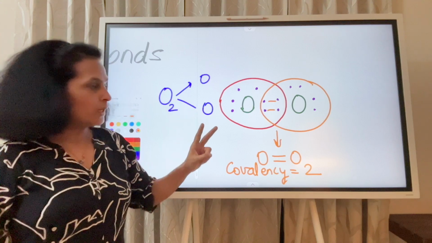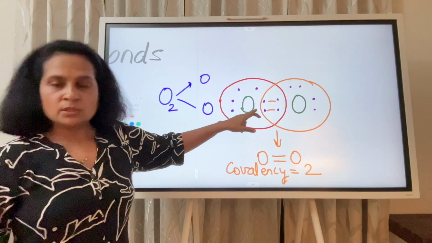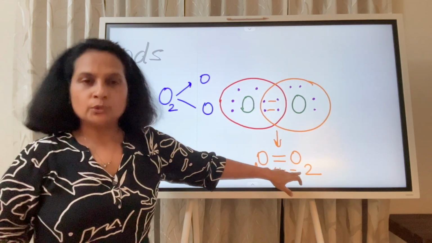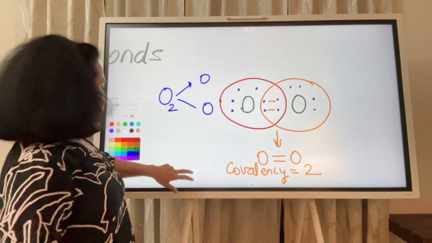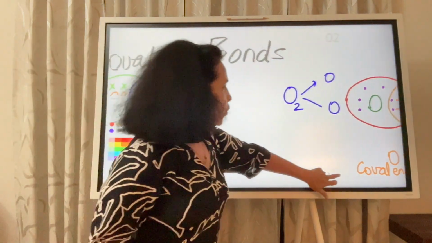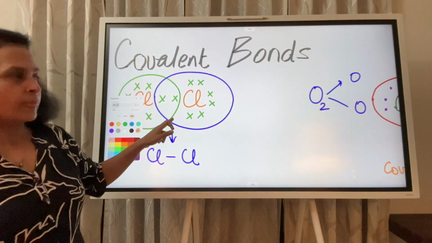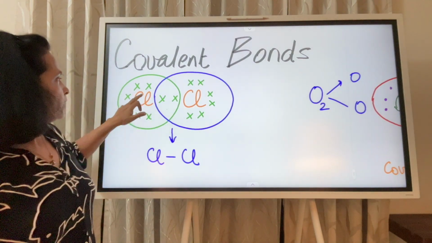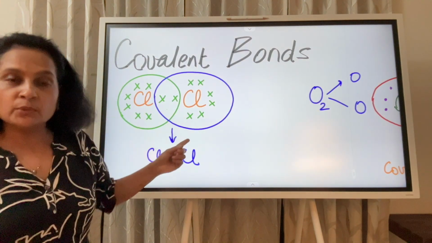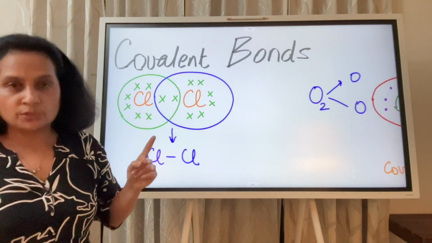So that is why oxygen has a covalency of 2, right? Similarly, chlorine has 1 as its covalency. So covalency of chlorine is 1 because each of these chlorine atoms are contributing 1 electron each.